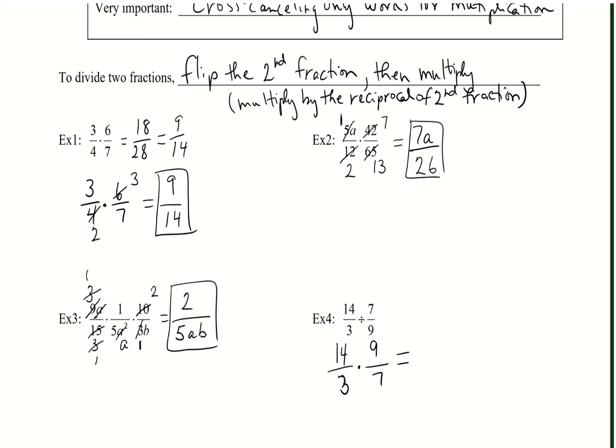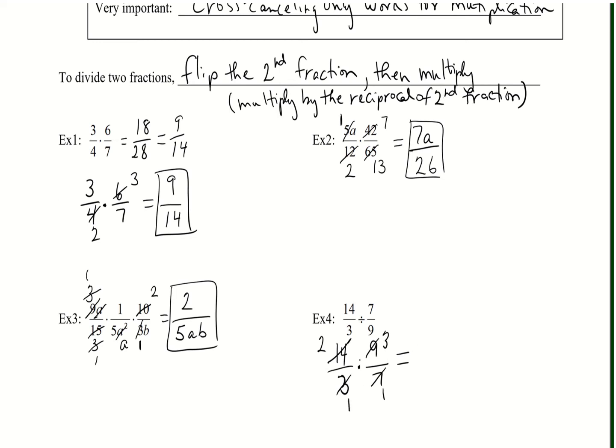So here we could do some cross-canceling so that we don't have to multiply 14 times 9. Cross-canceling this, 14 becomes 2 and 7 becomes 1, because the factor is 7 for both the 14 and 7. And then 9 and 3 can both be divided by 3, so 9 becomes 3 and the 3 becomes 1.